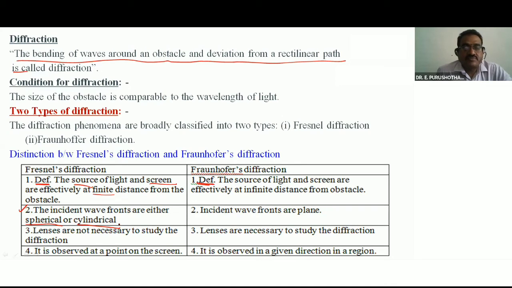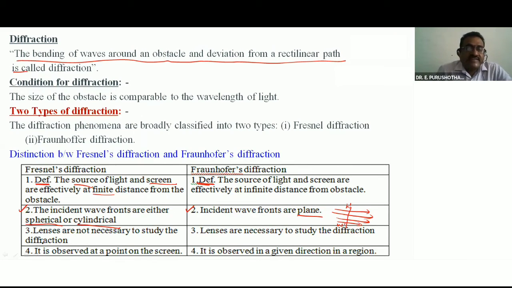In Fraunhofer diffraction, a plane wave is used. If we take W dash as the plane wave, the wavefront used is plane.